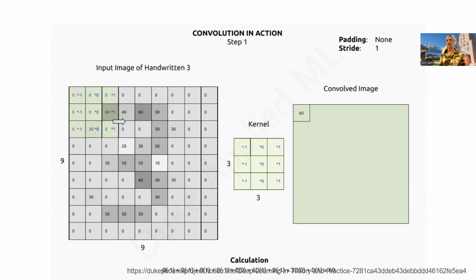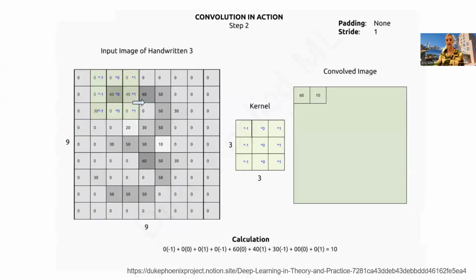So I'm going to take all the values in the input image and multiply them element-wise by that kernel. And so then in the convolved image, once I add all those up, I get the number 60, right? So I'm just going to put that down for that upper left-hand spot in my convolved image.